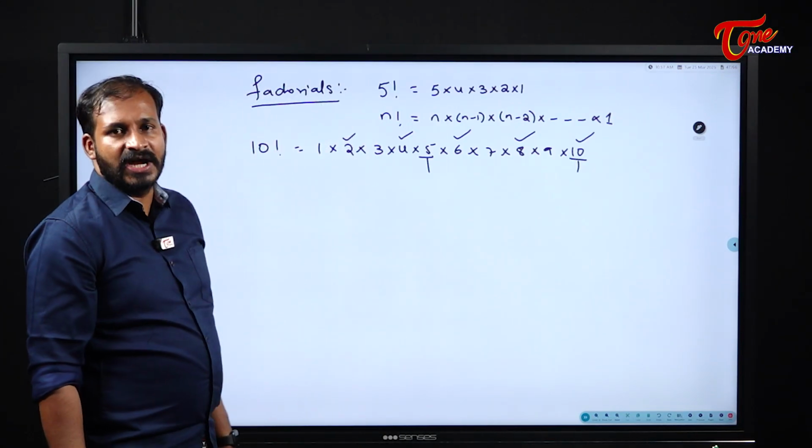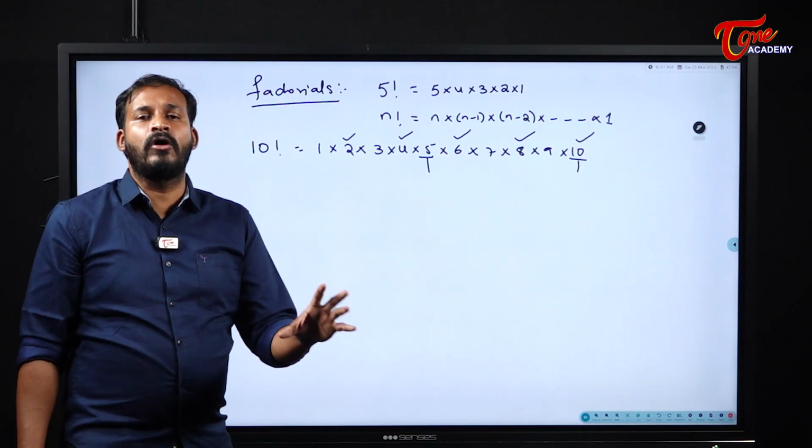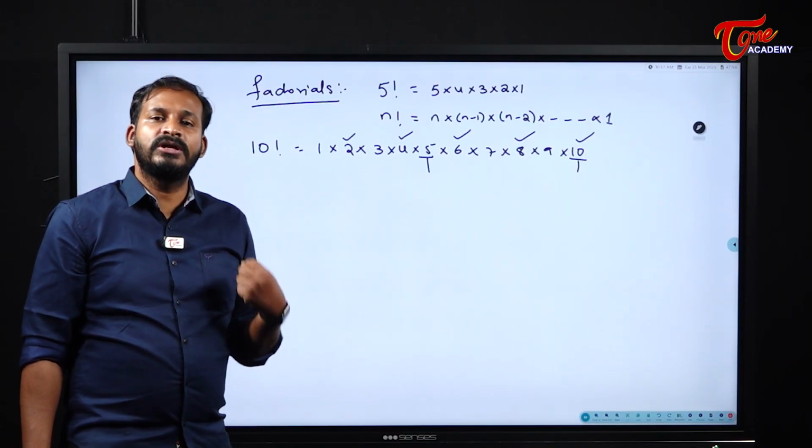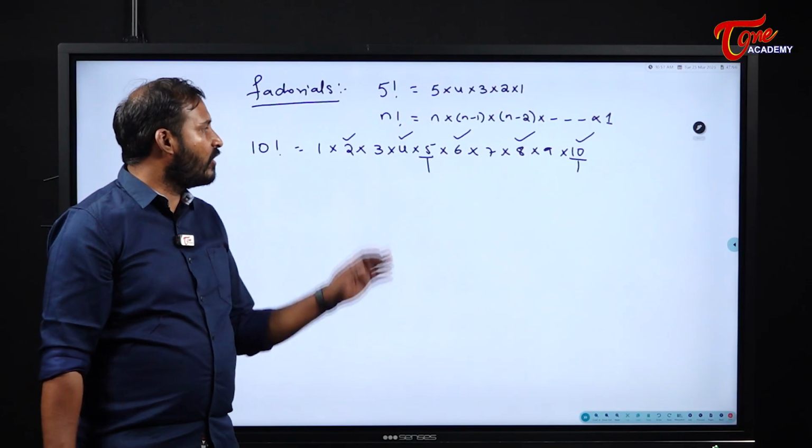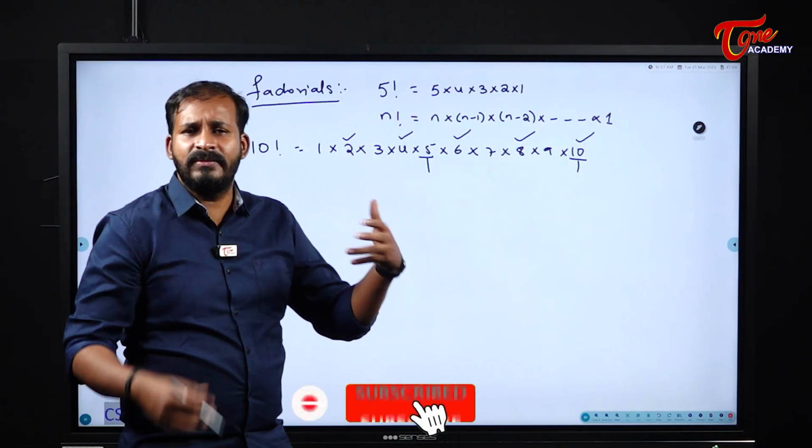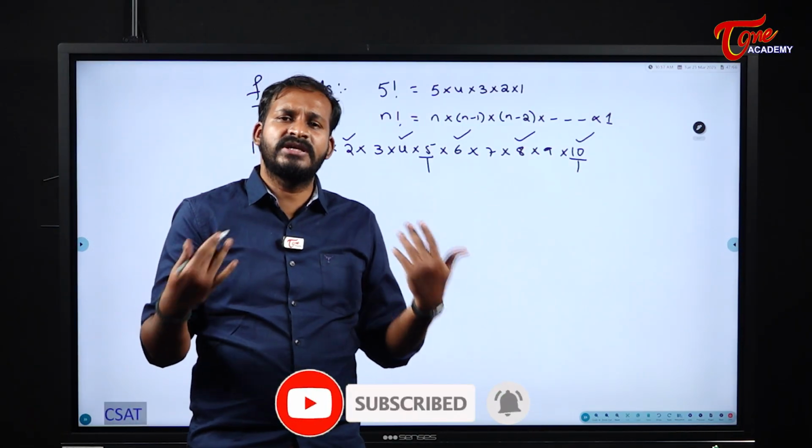So, in the case of factorials, we will only observe how many 5s are there. Based on that, we will write our answer directly. We will not bother about 2s, because anyway 2s will be many in number. It is a waste of counting 2s.